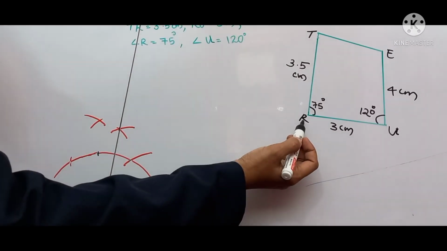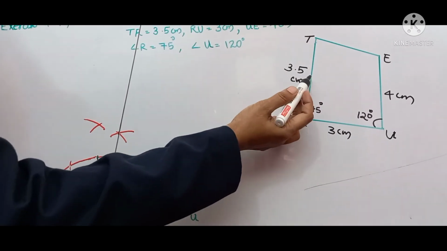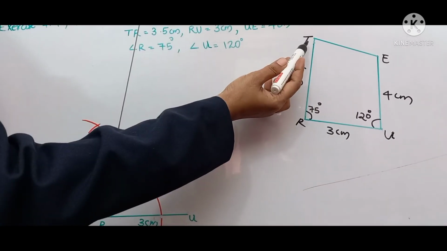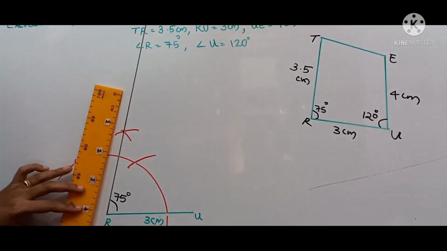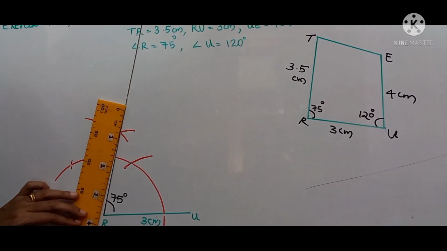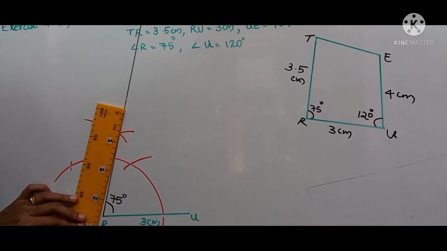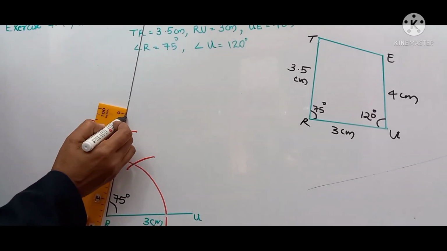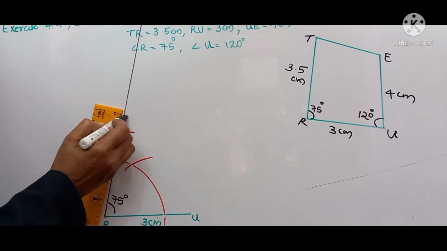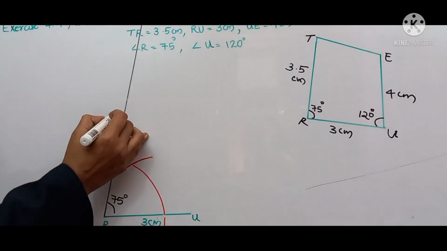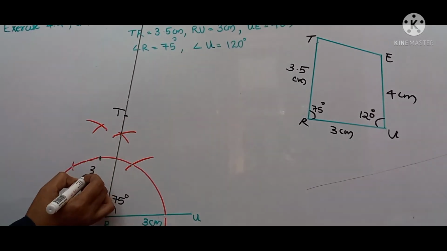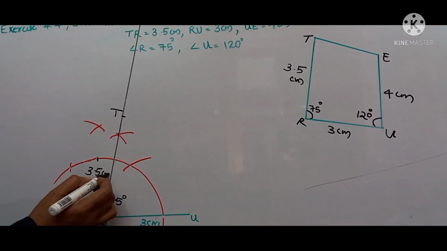Then we know RT 3.5 centimeter. So we have to mark that point T 3.5 centimeter by using a ruler. Measure 3.5 centimeter and mark a point here. This is the point T and it is 3.5 centimeter.